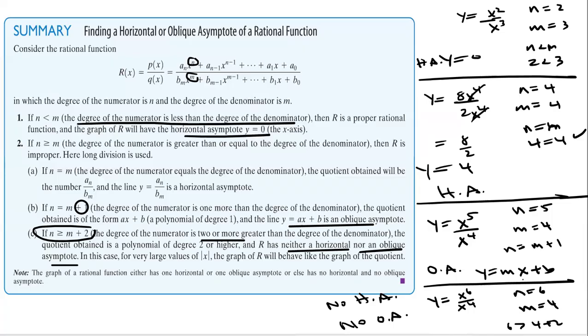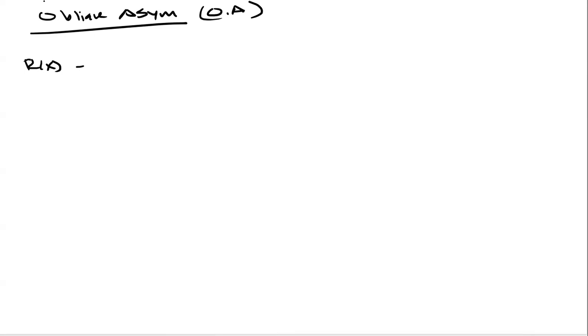So let's try to record this. We're going to look for the oblique asymptote here, OA. All right, so we have R of x is equal to 3x to the fourth minus x squared divided by x cubed minus x squared plus 1.